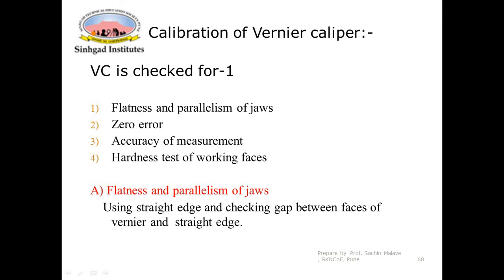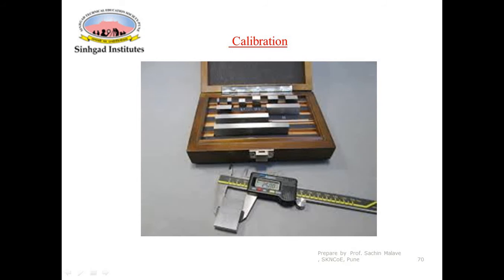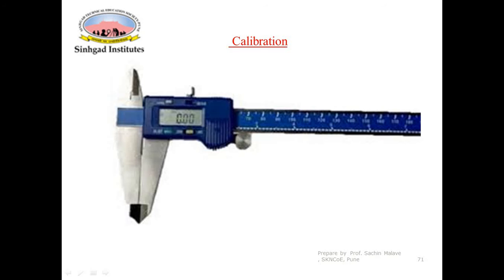What does zero error mean? You can again see in this image, this is a fixed jaw and this is a movable jaw. When the two jaws are closed, there is no gap at all, so the reading shown here must be exactly 0.000. Sometimes when these two jaws are closed, you may see some reading here.